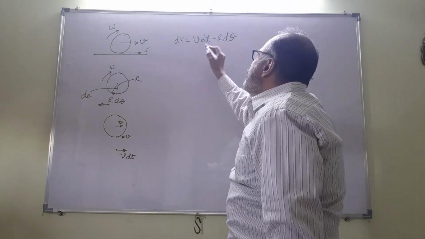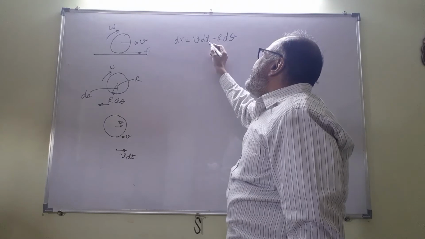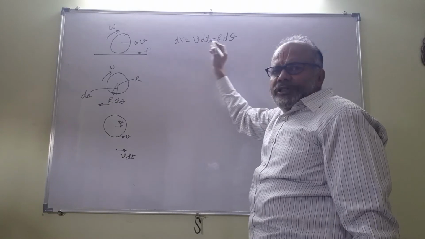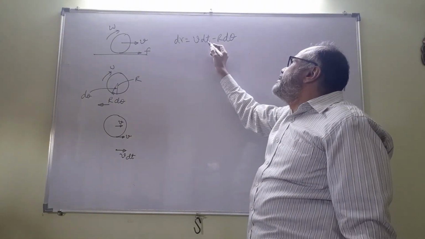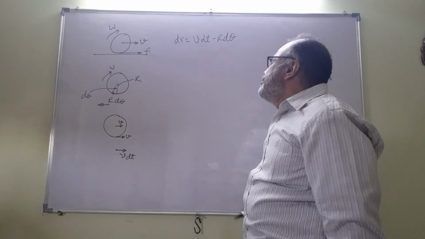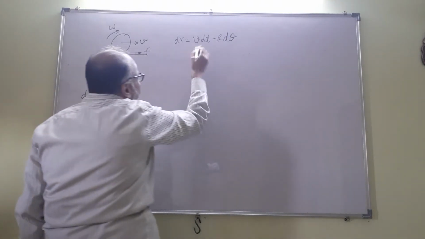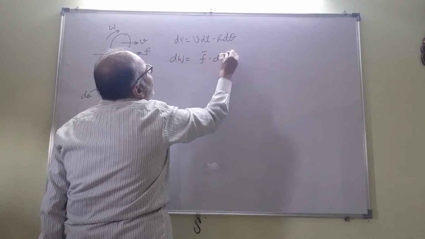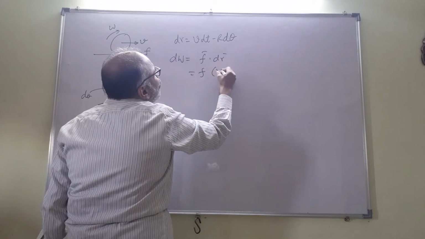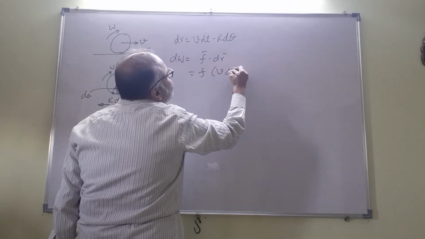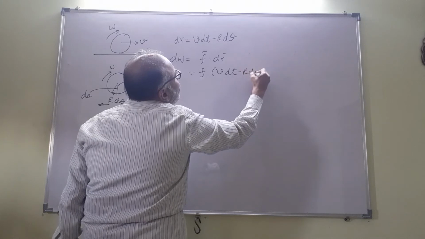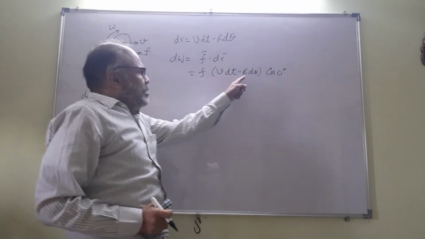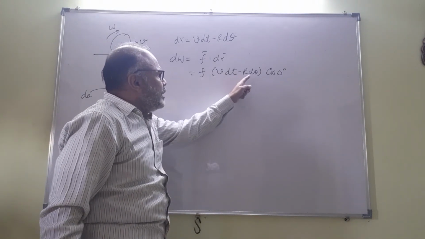This dr we are assuming is towards the right. If v dt is greater than r d theta, dr will be towards the right. If v dt is less than r d theta, it will be towards the left. So we are assuming it towards the right, then the work dW would be F dot dr, which is F into (v dt minus r d theta) into cosine of 0, because we are assuming v dt is greater than r d theta.